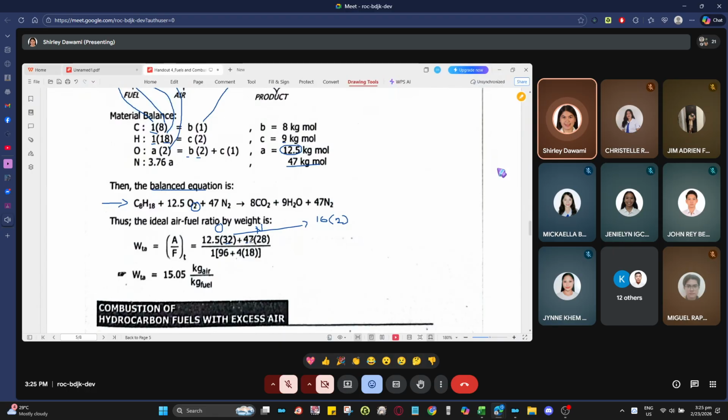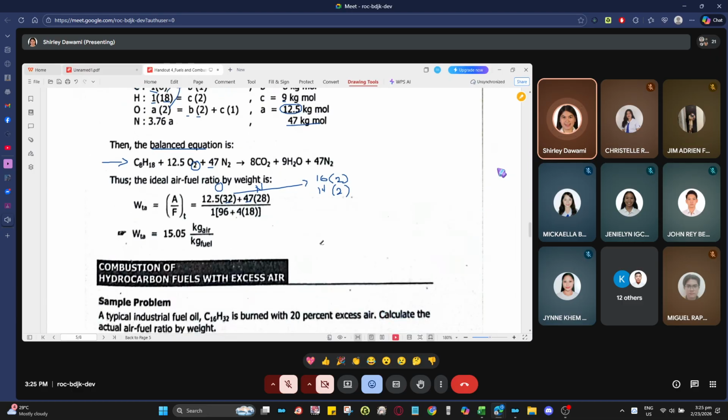Then we have 47 for the nitrogen times 28, where 28 also comes from the molecular weight of 14 times 2 atoms.